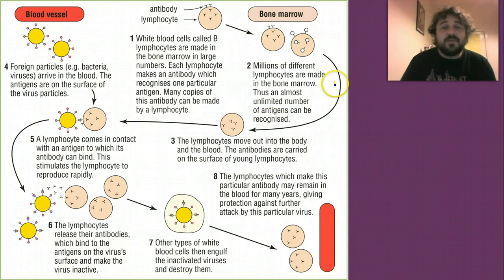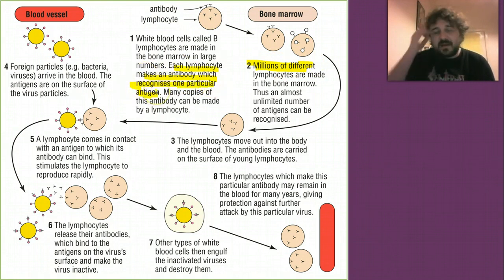But because we make millions of different lymphocytes, each one makes an antibody for one particular antigen. Millions of different lymphocytes are made in the bone marrow. Therefore, you can actually protect against an unlimited number of diseases or antigens.